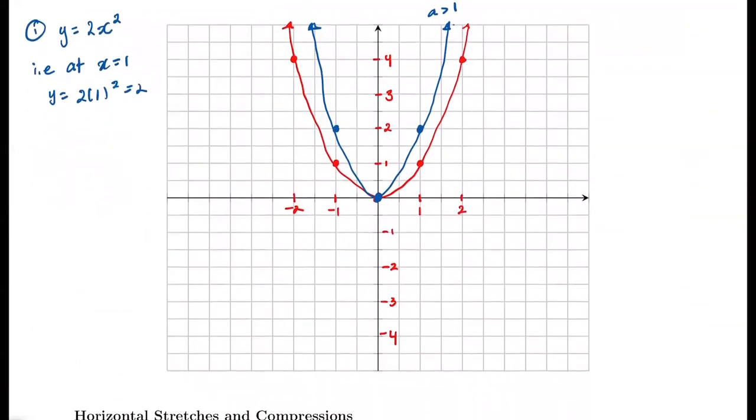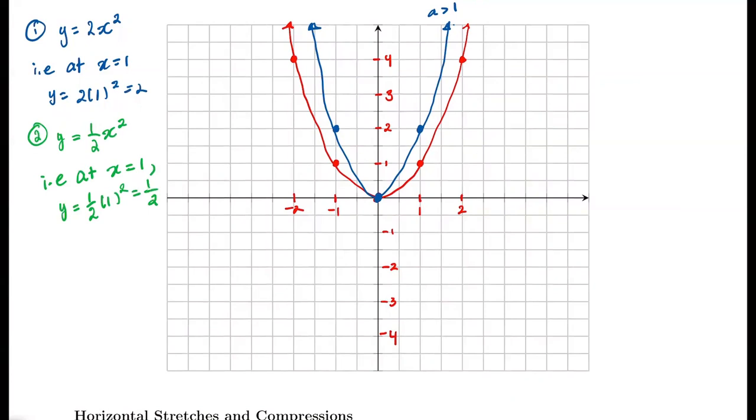So let's use the function y is equal to half x squared this time. So for example, at x is equal to 1, y here is going to be half times 1 squared, which is equal to 1/2. So when x is equal to 1, y is going to equal 1/2.